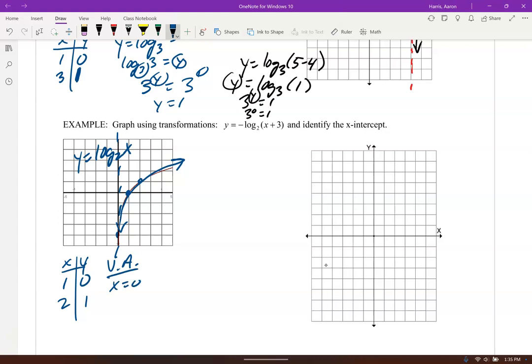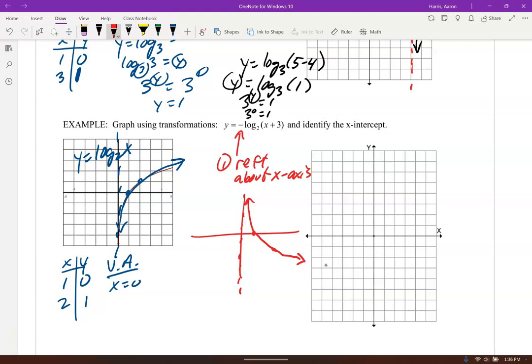So number 1, we're going to reflect that about the x-axis. Now we've reflected about the x-axis, so we're going like this instead.